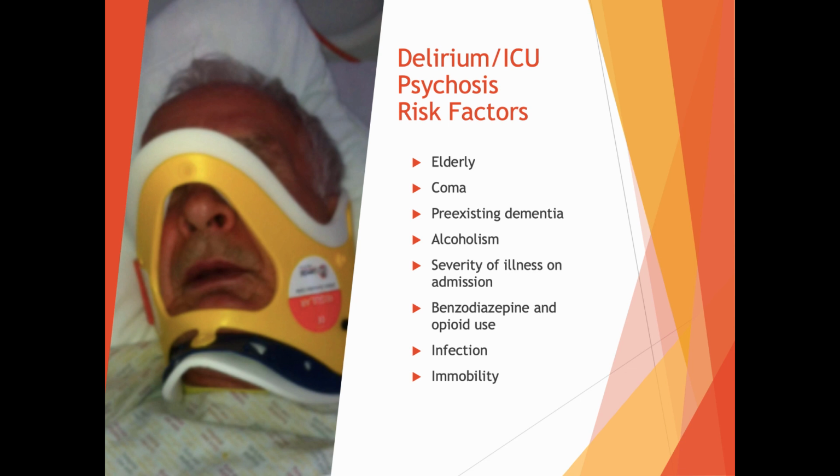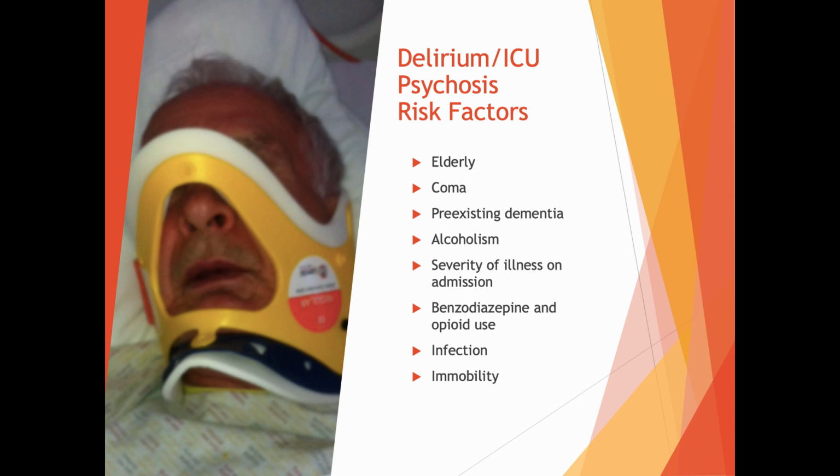So other risk factors for delirium and ICU psychosis are elderly. And we saw the slide earlier that said that the average age in the intensive care unit now is 62. So keep in mind that when somebody is elderly, they may have some cognitive dysfunction to begin with, but when they're in their own surroundings, they're able to sort of keep it in check, right?